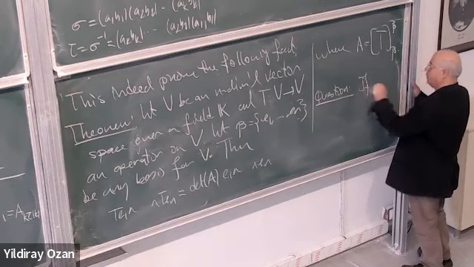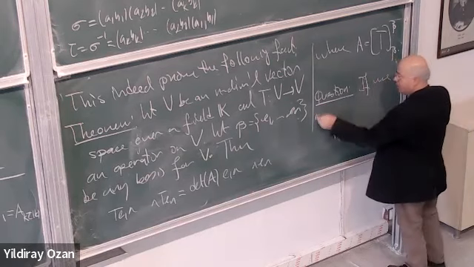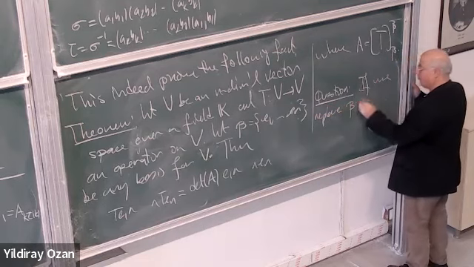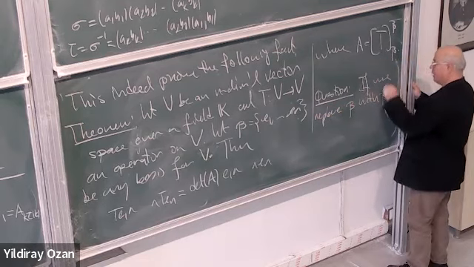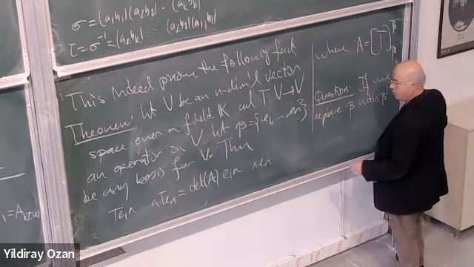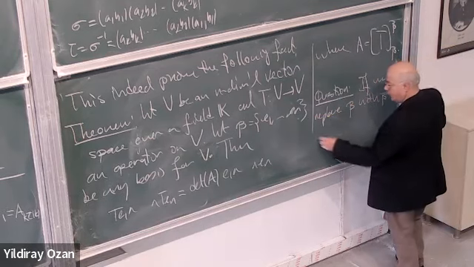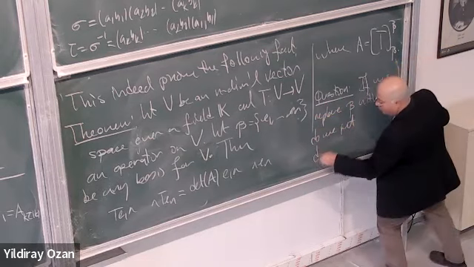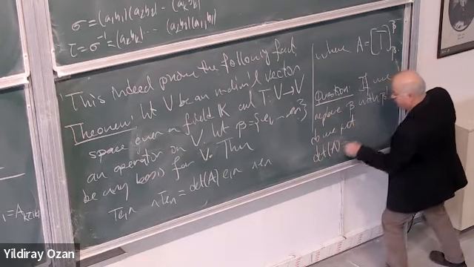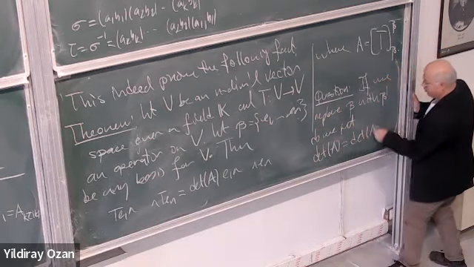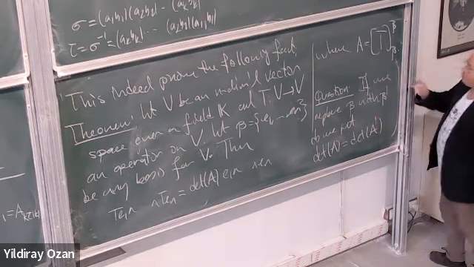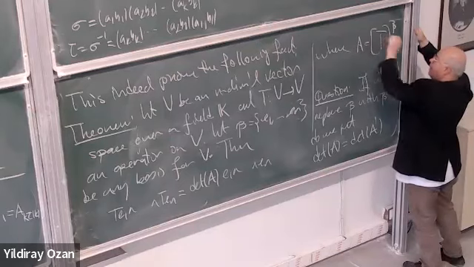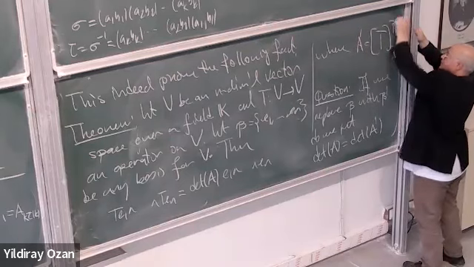If we replace beta with beta prime, do we get this? So determinant of A, determinant of A prime. A prime being the matrix representation of T in this space.